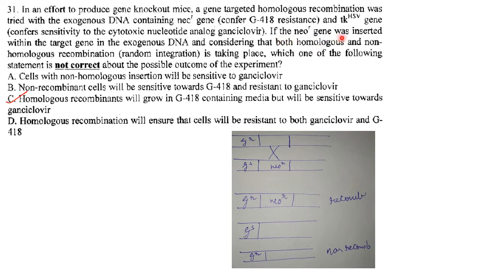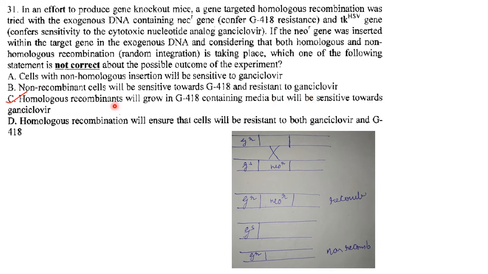So if the neomycin resistance gene was inserted within the target gene in the exogenous DNA, and both homologous and non-homologous recombination are taking place, which of the following statements is not correct about the possible outcome? Cells with non-homologous insertion will be sensitive to ganciclovir, of course, because it is random integration, so that can happen. So A can be correct. Then non-homologous recombinants will be sensitive towards G418 and resistant to ganciclovir.